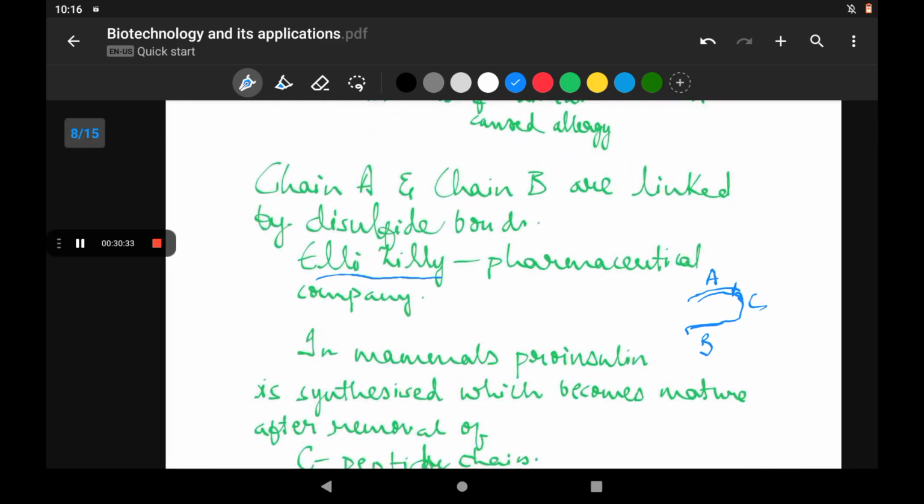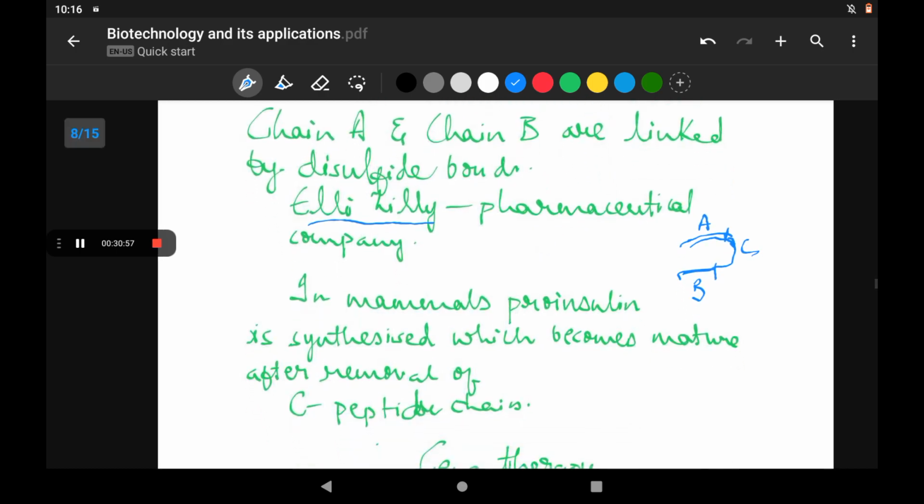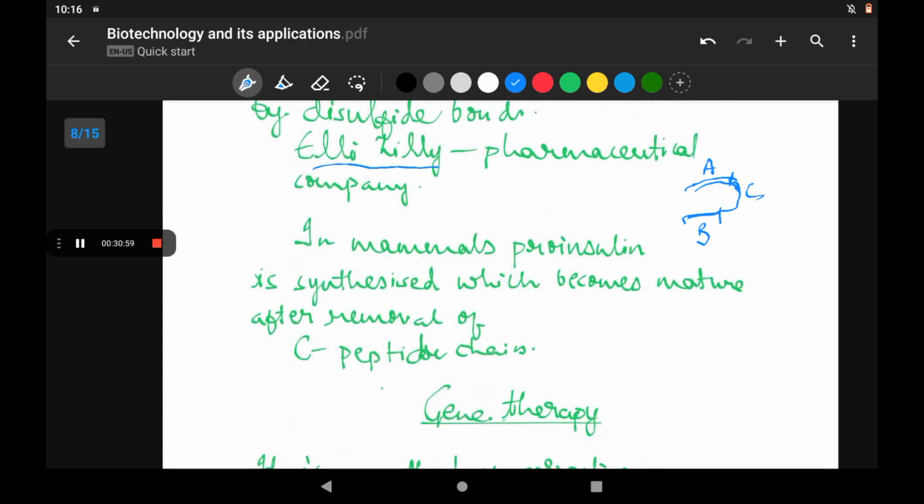Proinsulin is synthesized, and when it undergoes maturity, the C chain is removed from the A and B chains. So the A and B chains are held together by two disulfide linkages. One of the disulfide linkages is within the A chain. If you study the structure of insulin as given in your textbook, you can notice all those features. In mammals, proinsulin is synthesized, which becomes mature only after removal of the C-peptide chain. So this is the process that naturally occurs in our body.